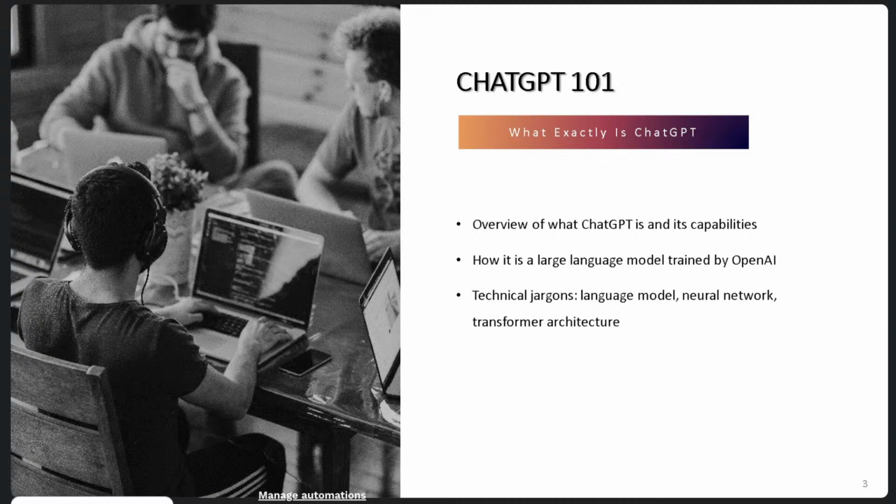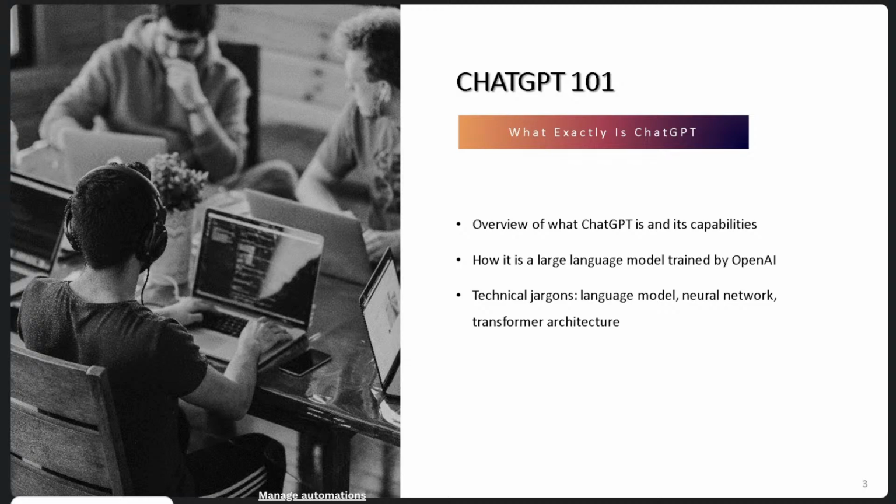The fact that it has been pre-trained is what gives it the ability to do what it does, and simply because it has been pre-trained, that brings one of the biggest flaws that ChatGPT has or can have. We'll talk more about that.